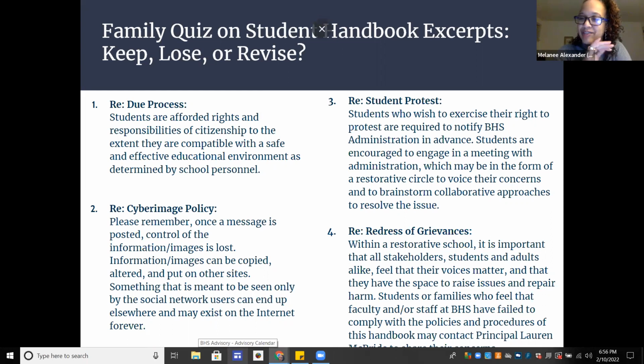Wait time of like 3 more seconds. Do you want people to throw it in the chat? Oh, that'd be awesome. Yes. So throw your number and whether you keep, lose, or revise. Put it in the chat.